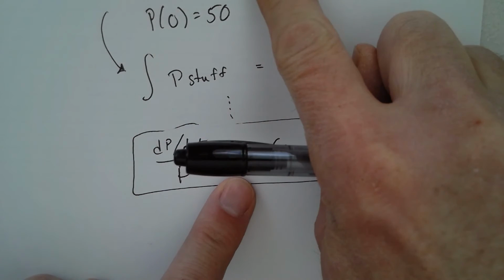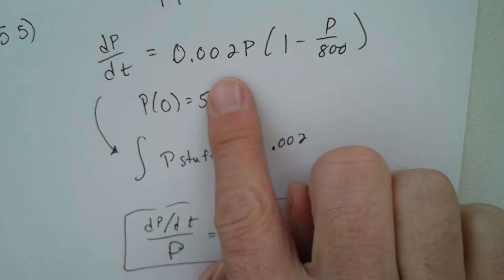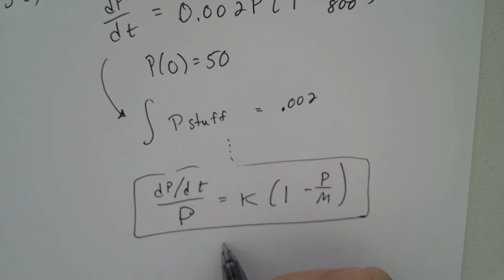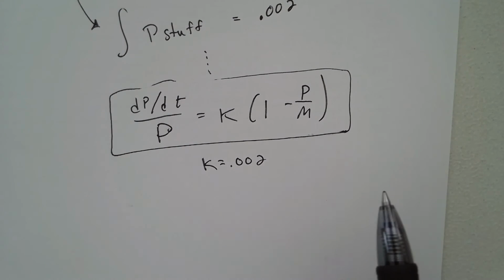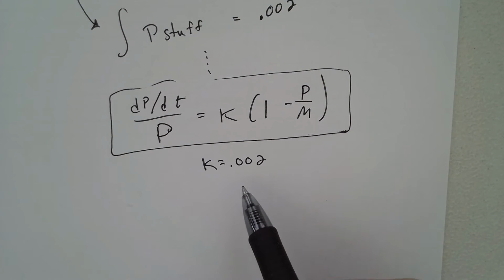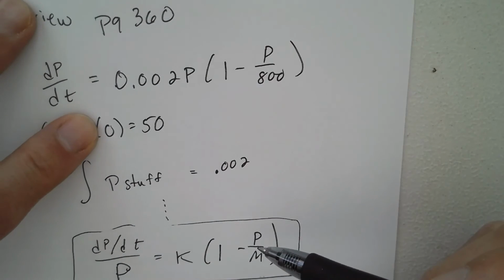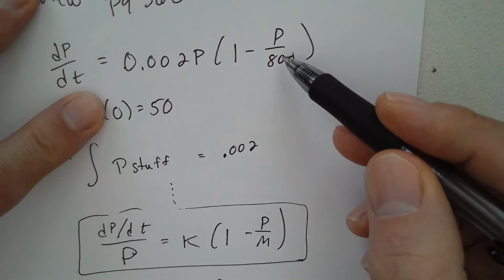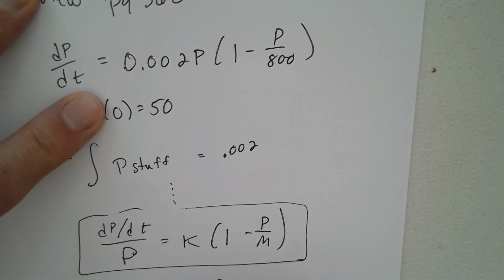Once we divide by p up here, our k would be 0.002. So by inspection of our differential equation, our k is 0.002. Also, comparing the two, this m would be 800, so the maximum of the population, the carrying capacity, is 800.